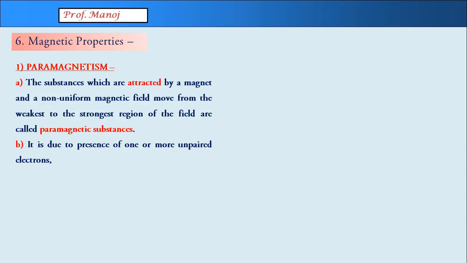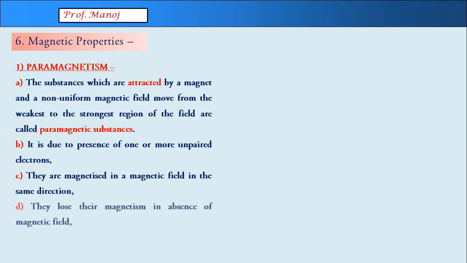Perhaps we know the reason already. It is due to the presence of one or more unpaired electrons. We had already done all these things in D block, F block topic. So they are magnetized in a magnetic field and in the same direction. If the magnetic field is removed, they will lose the magnetism.